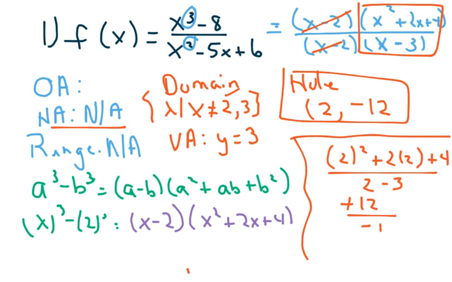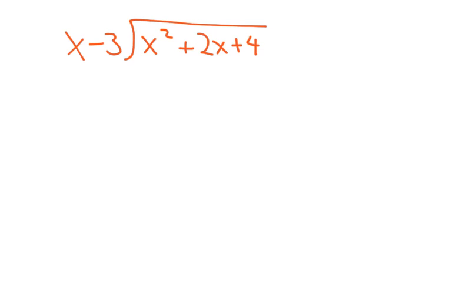So we're going to take the depressed equation and use long division. So we have x minus 3 goes into x squared plus 2x plus 4. And divide this out, we're going to get x here. x times x is x squared. x times negative 3 is negative 3x.